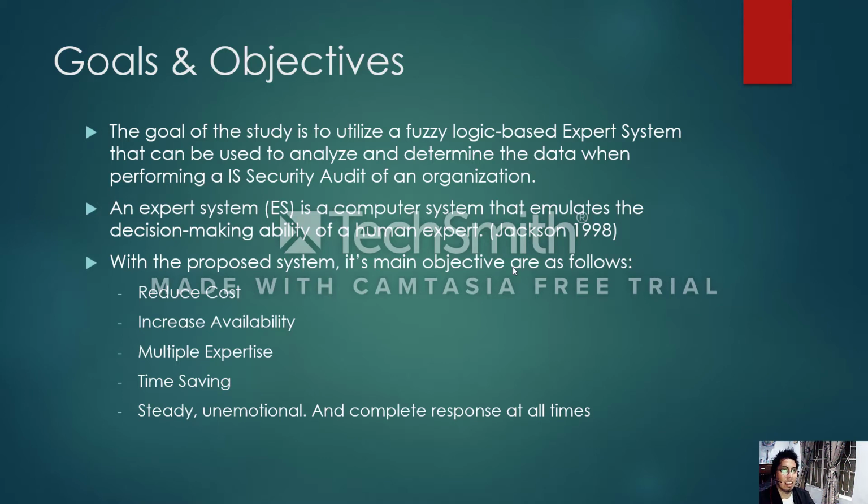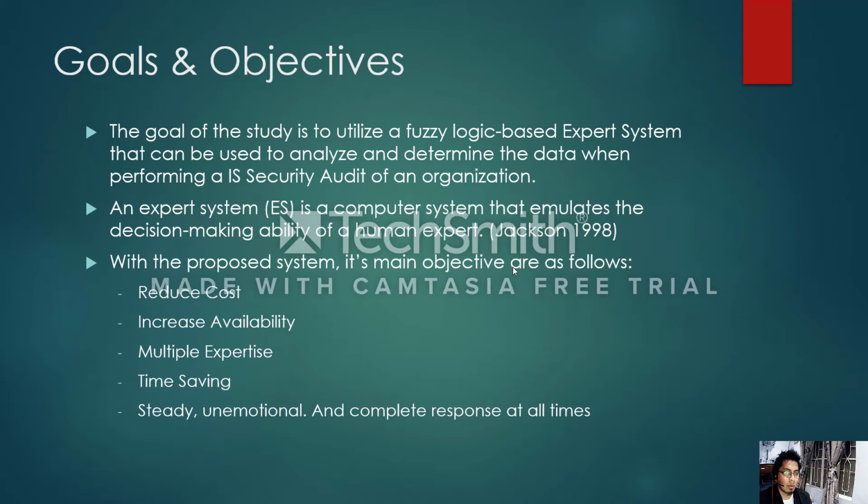There will be these circumstances, and this is based on if-then rules: if this, then that. So an ES helps us create decision making that is based on human behavior.